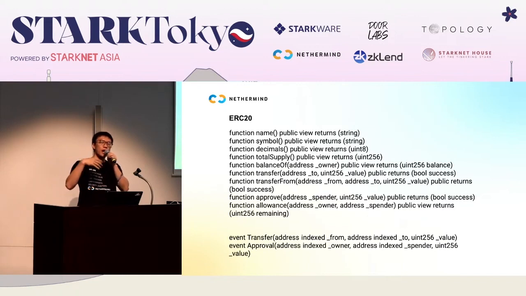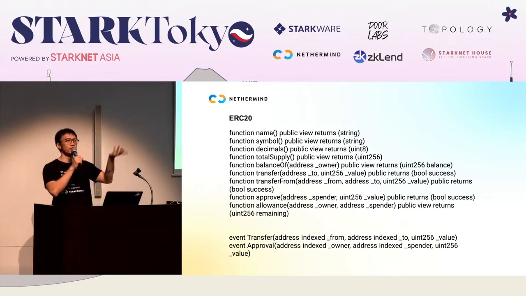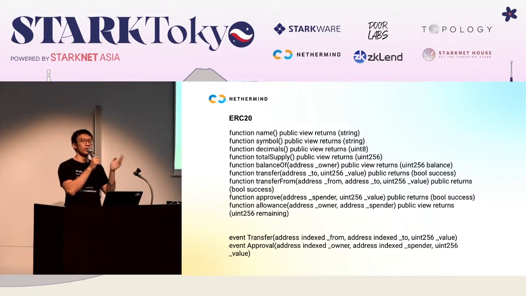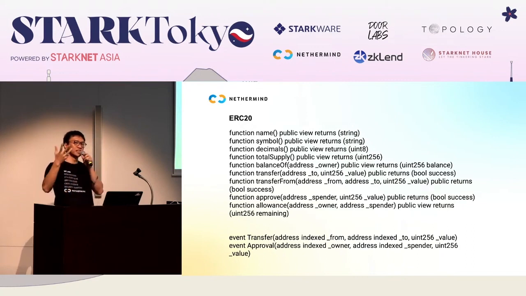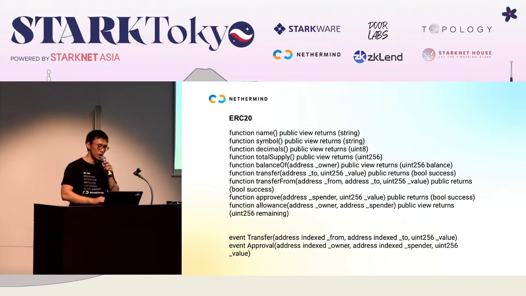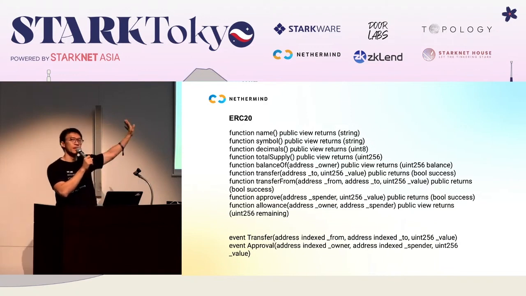I chose some examples that are relatable to everyone: the ERC20 token. We are going to see how we rewrite a Solidity ERC20 token in Cairo1. ERC20 is a standard that has been defined. These are the functions that it has, and these 2 are the events that have to be there to be called ERC20.